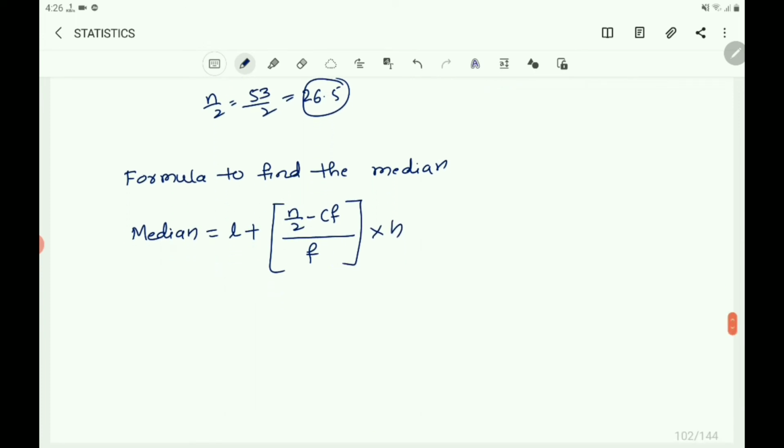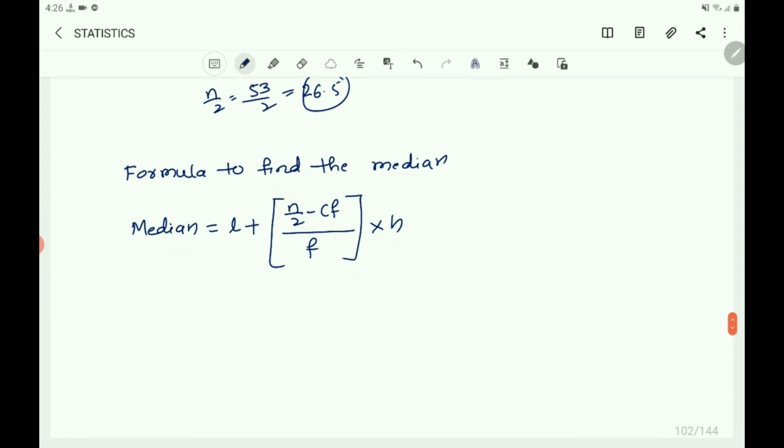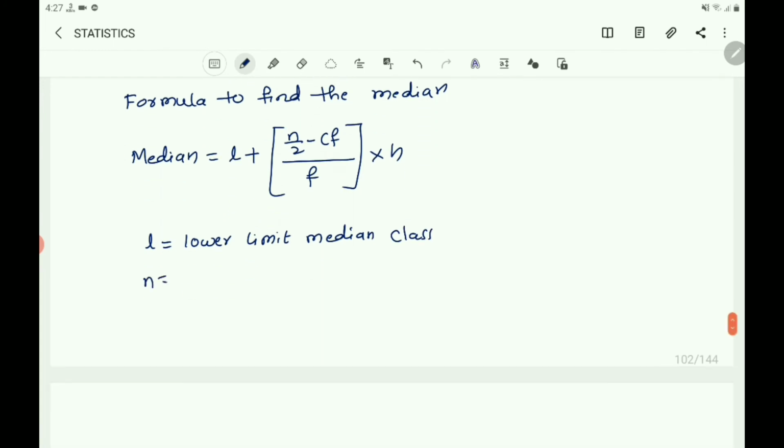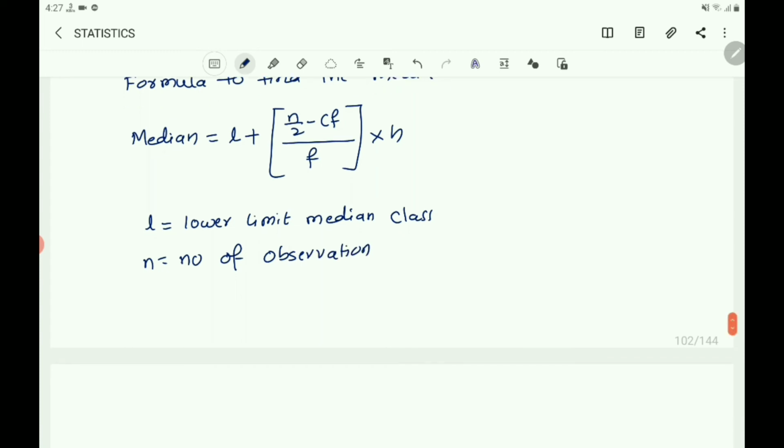Here L is the lower limit of the median class, and n is the number of observations, that is here 53, the total number of observations.